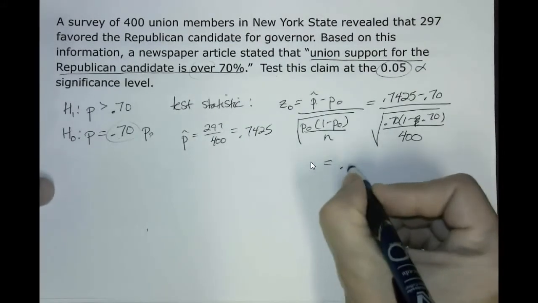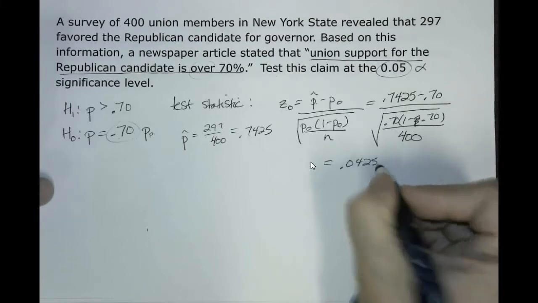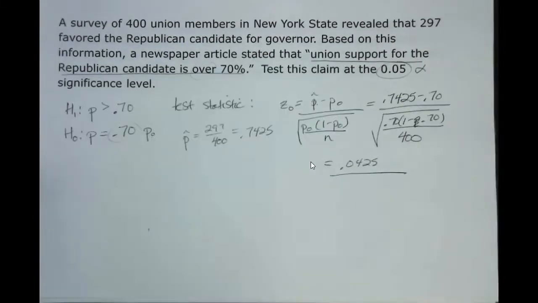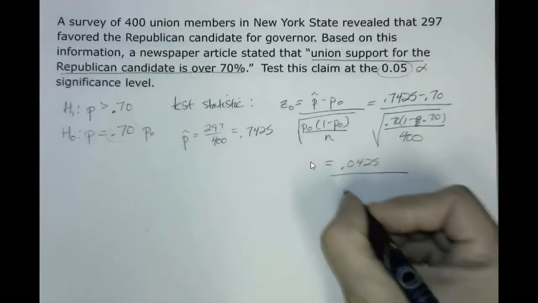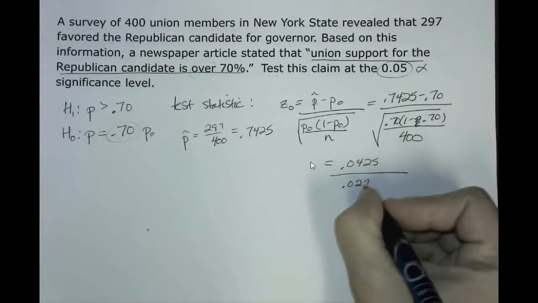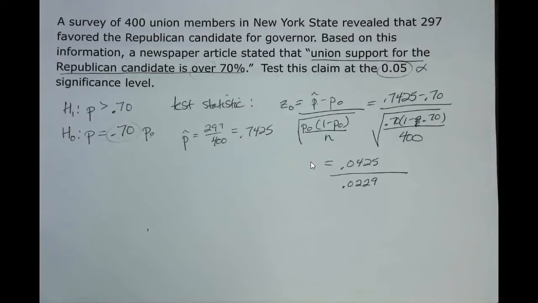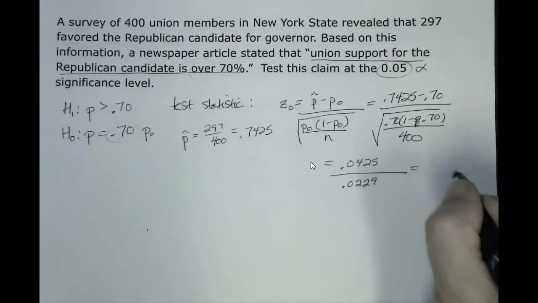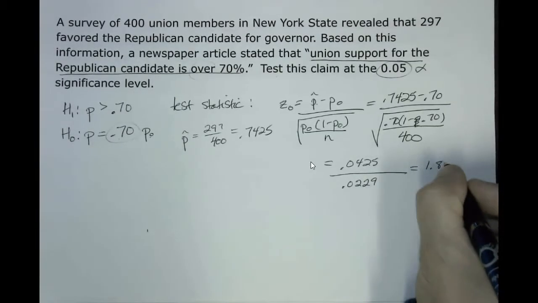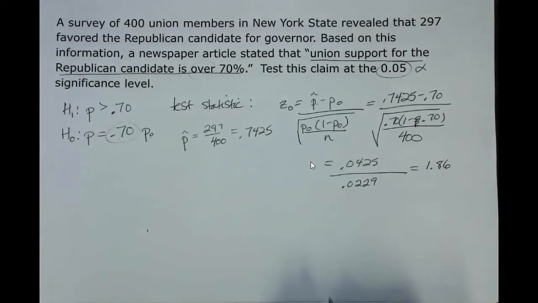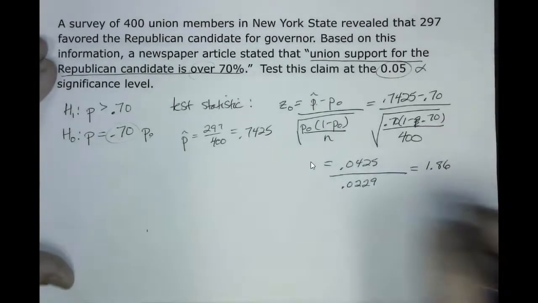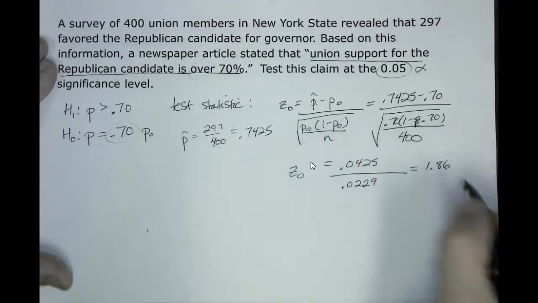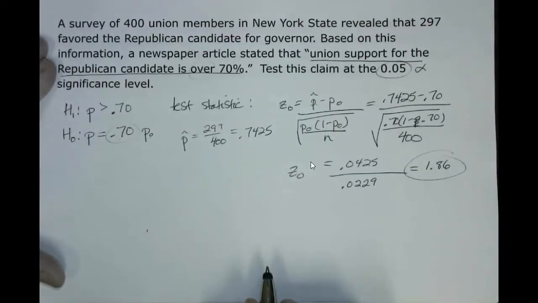So this is going to give us 0.0425 on the top and 0.0229 on the bottom. And then if we divide those, we get 1.86 if we round it to 2 decimal places. So this is our test statistic. This is our z0, the 1.86.